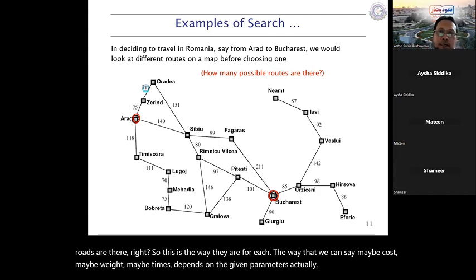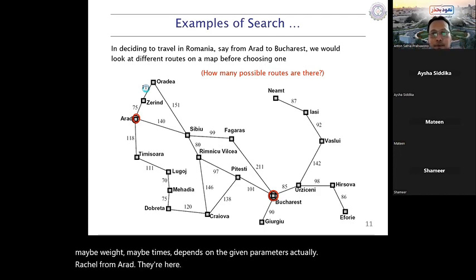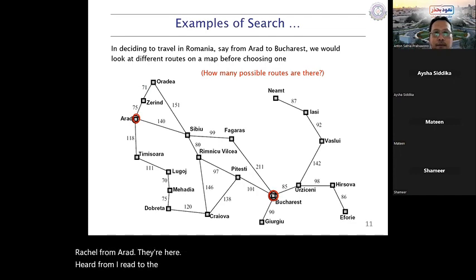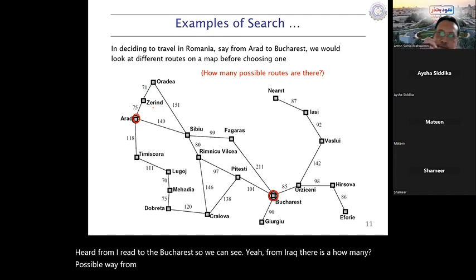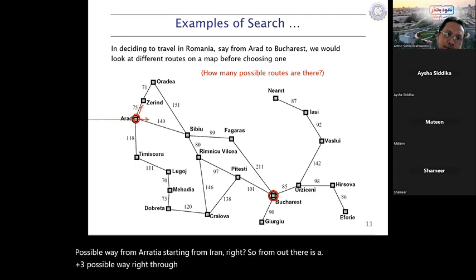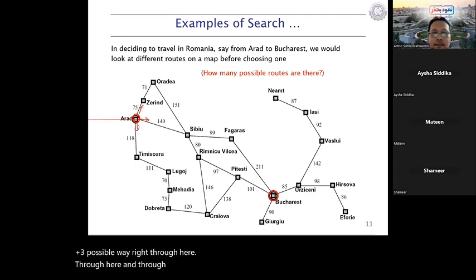Right. So from Arad to Bucharest, we can see how many possible ways there are starting from Arad. There are three possible ways, through here, and through here. That is the first thing we have to consider, because we have to find the possibilities to reach Bucharest.